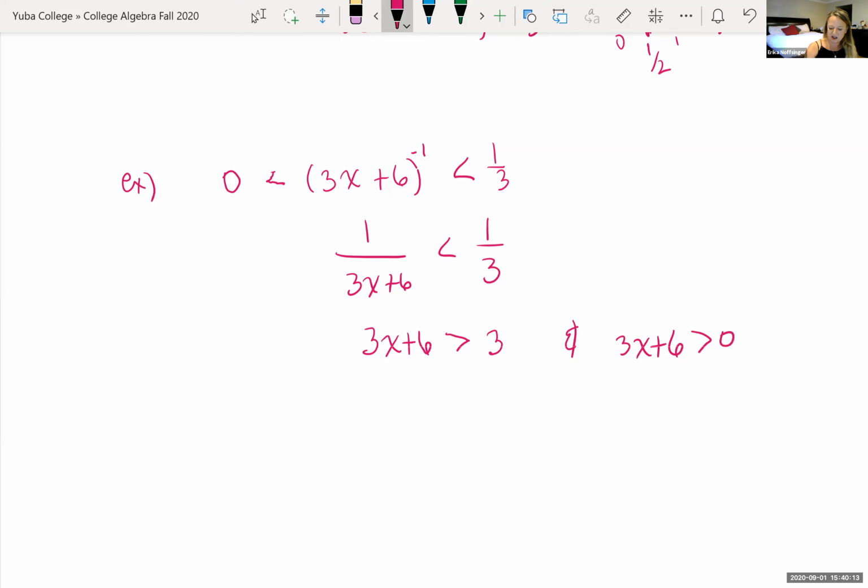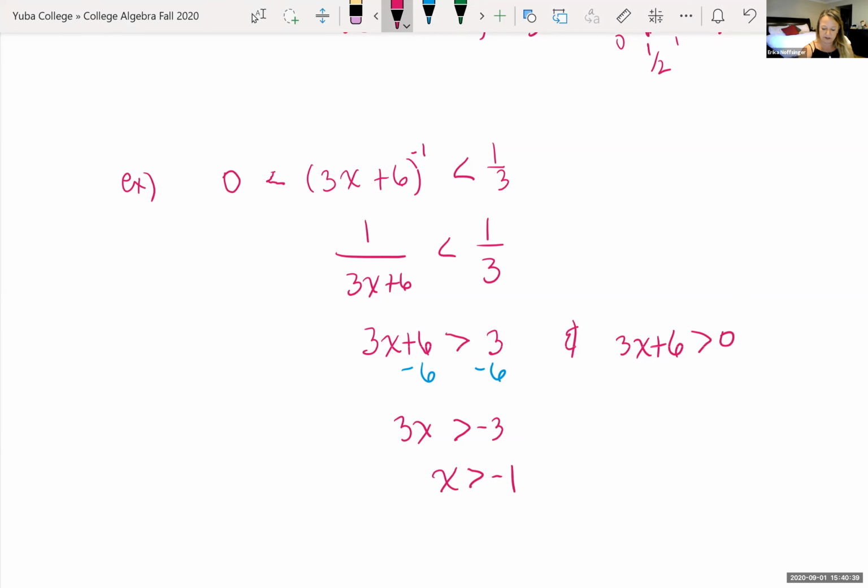So let's just solve. If we get x by itself, subtract 6 on both sides, we get 3x greater than negative 3. Divide both sides by 3, we get x is greater than negative 1.